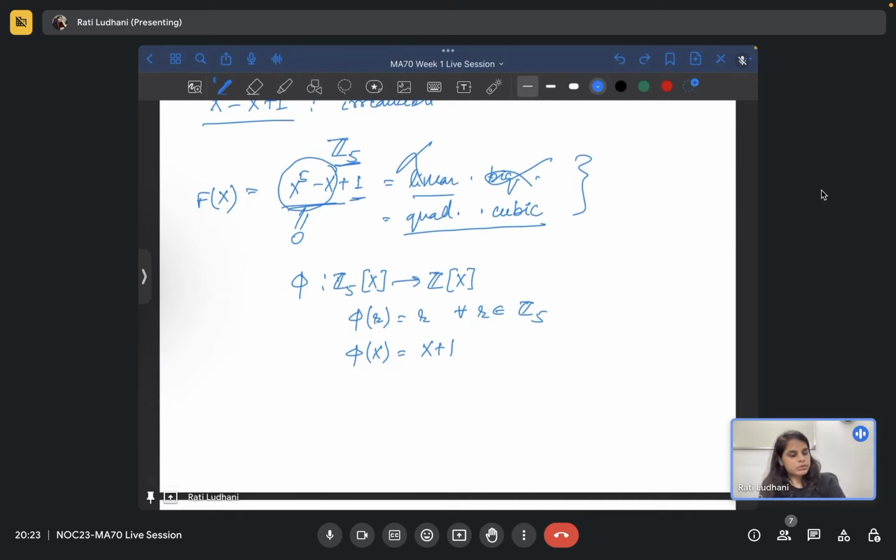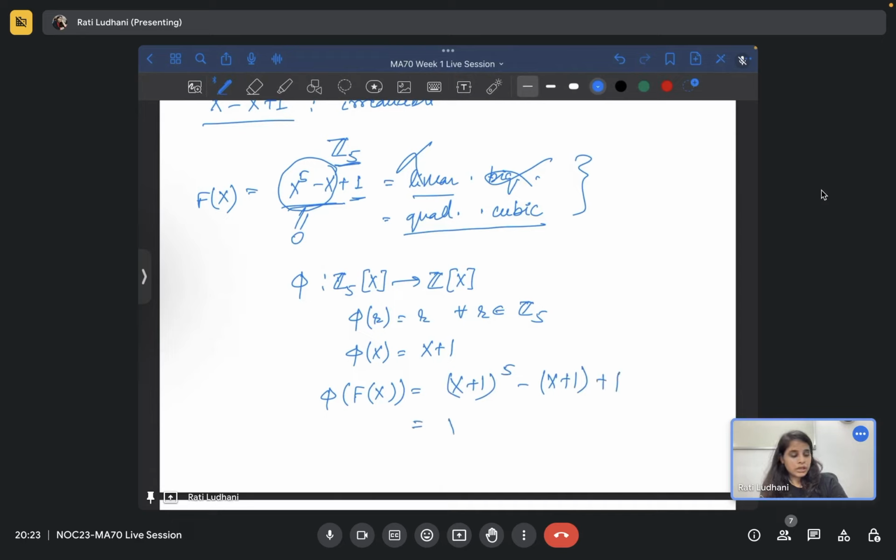Now in this map, if you take f(x), where will it go? It will map to (x plus 1) raised to power 5 minus (x plus 1) plus 1.